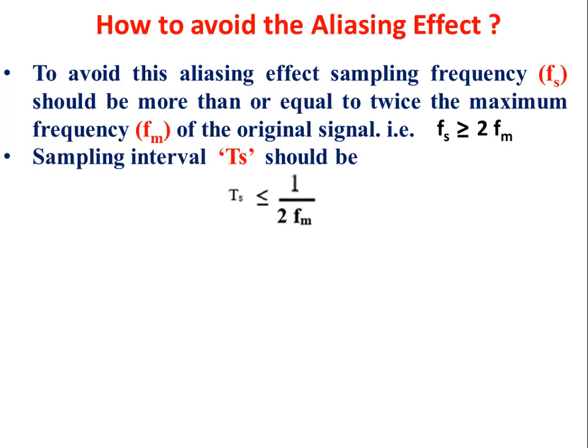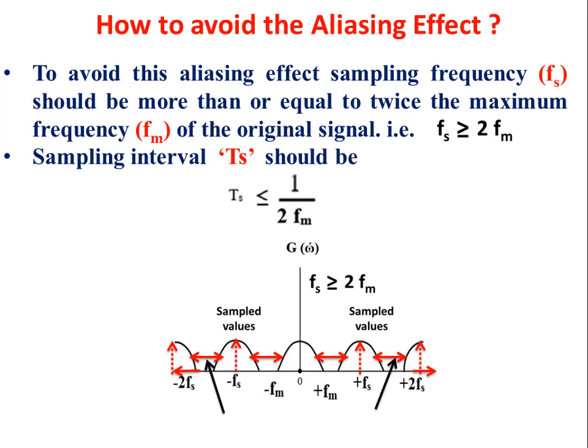If you follow these two conditions, the spectrum of the discrete time signal will look like this. You can observe that successive cycles of sampled values do not overlap with each other, and this signal can be easily reconstructed or recovered at the receiver end to produce the original information to the destination user.